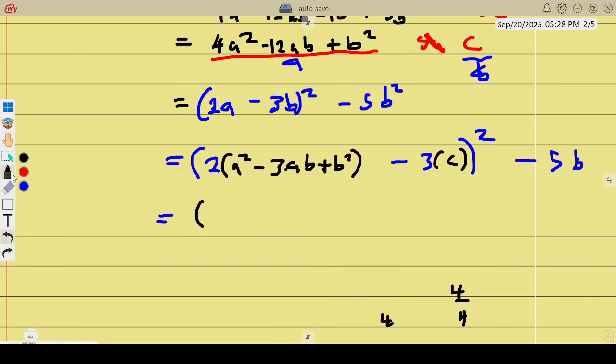Here we just want to multiply and see what we get. So what is 2 times A?